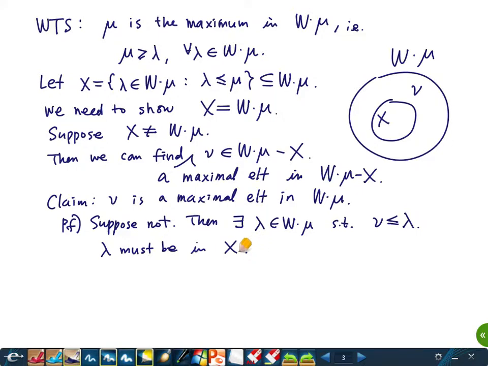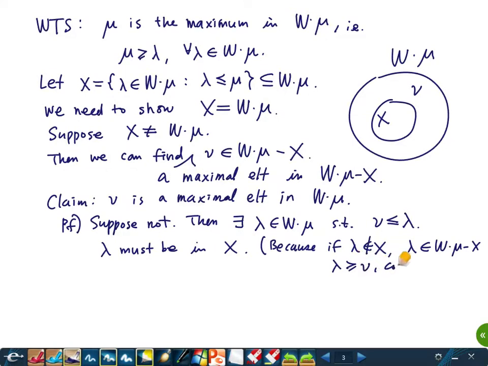Why? Because if lambda is not in X, that means lambda is in here, and lambda is greater than or equal to nu.